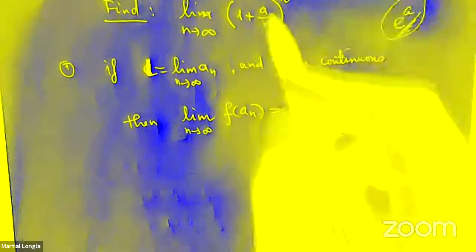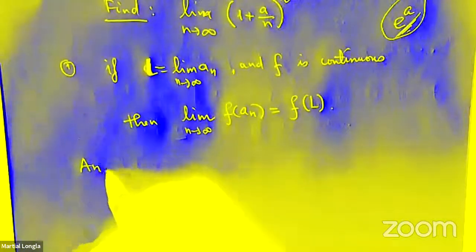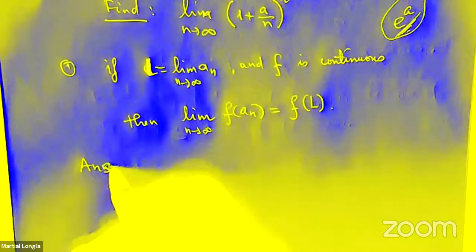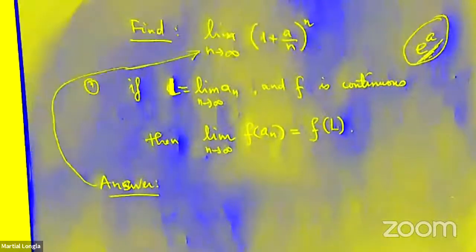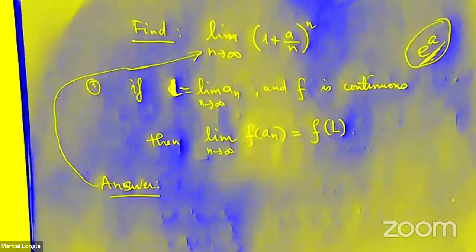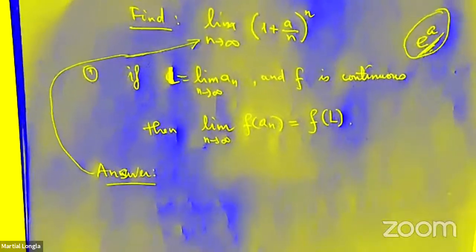So in the proof of that, we're going to see that in this problem. And that's the answer to this question: finding the limit of (1 plus a over n) to the power n.